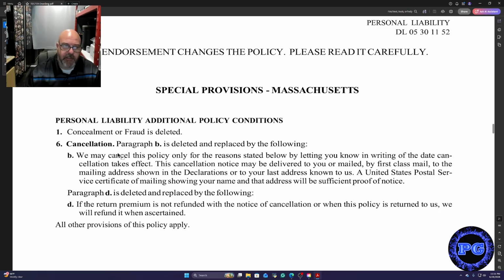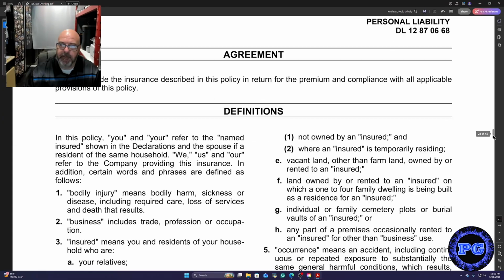So you go to that section, and now section B is replaced by this section B. That's something specific, because a lot of times these companies use these basic forms across the country. If they're an insurance carrier that does multiple states, and this is special provisions, Massachusetts, they have to change some things to make it apply to Massachusetts, right? So that's kind of where that comes from.